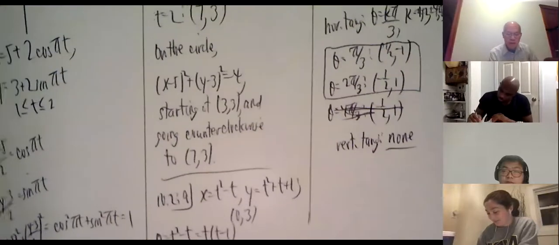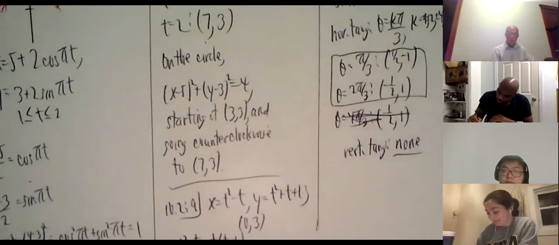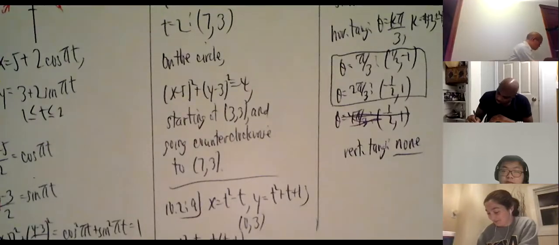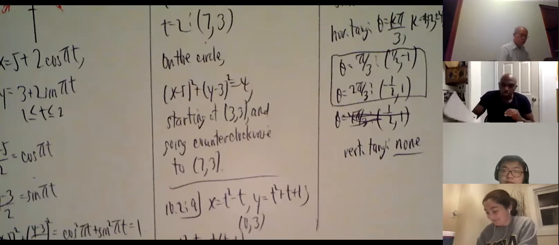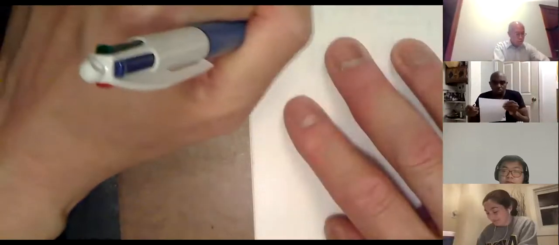Okay, and then we have 10.363. Horizontal or vertical tangent again.